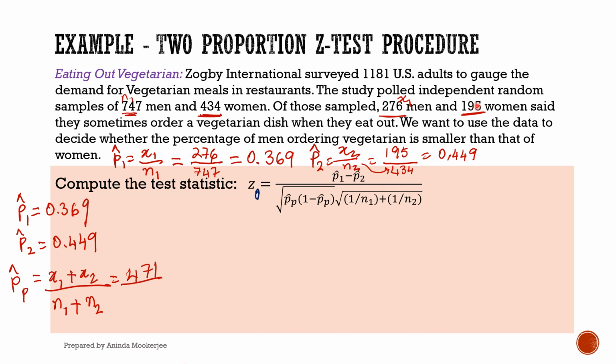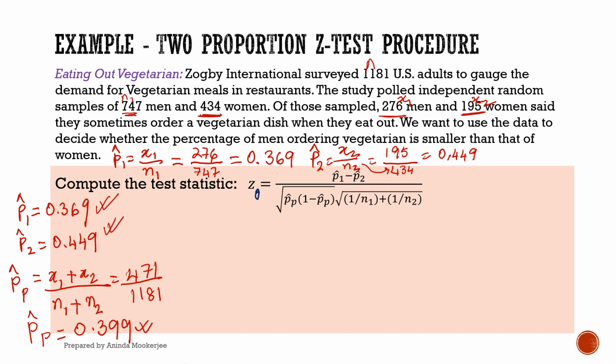We add them, and n sub 1 plus n sub 2 is our n, which is 1181. So the value of p hat sub p, that proportion, is 0.399. So these are the values we will be using in our formula.